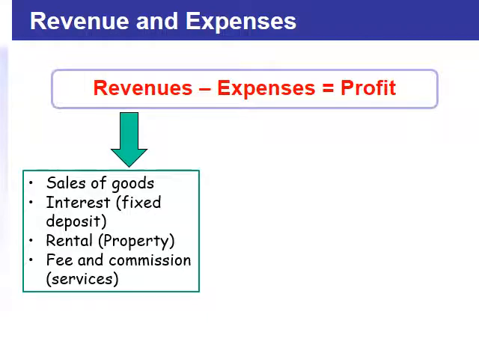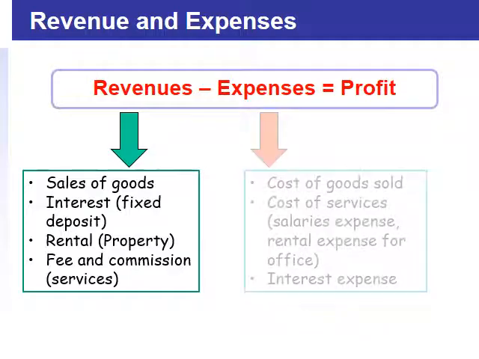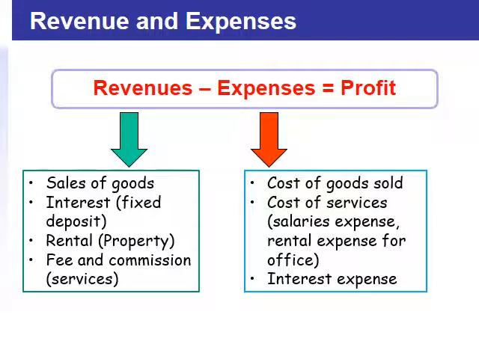Examples of revenue are sales of goods, interest earned from fixed deposit, rental collected from property, and fee and commission earned from the service you provided. Examples of expenses will be cost of goods sold, and also cost incurred for service consumed by a company.